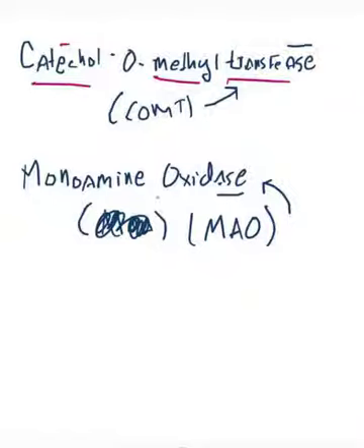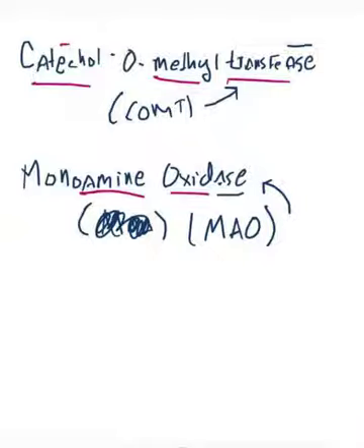Monoamine oxidase has something to do with the amine side chain, and it involves an oxidation reaction. So we can get a basic idea of how these work just by looking at the names.